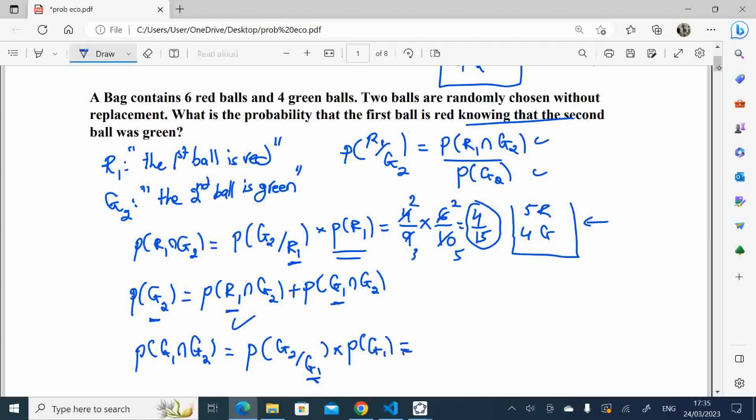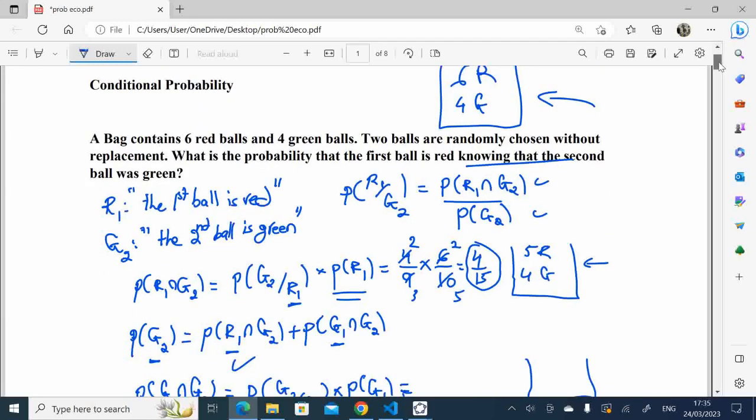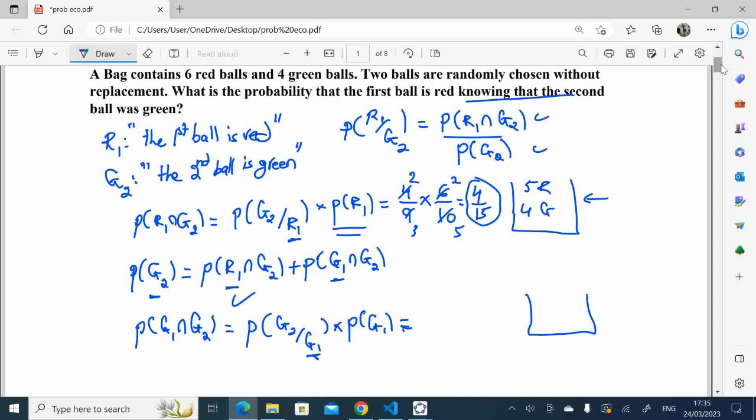What will be P of G2 knowing G1? Knowing G1, the urn will be in this form. The first ball was green, so we have 4 green in the main urn. If we selected the first one green and we throw it, the new urn will be 6 red and 3 green.